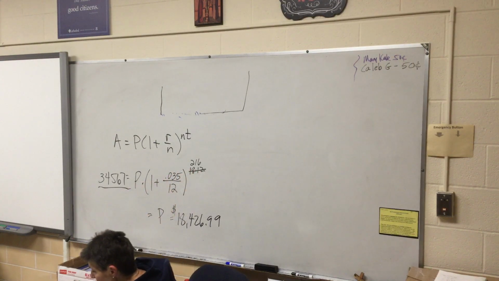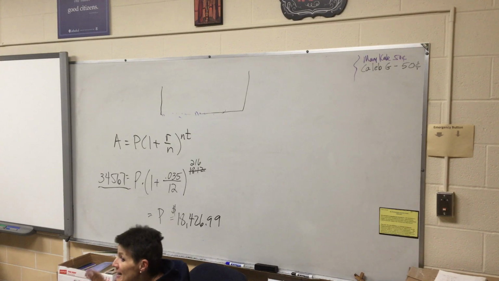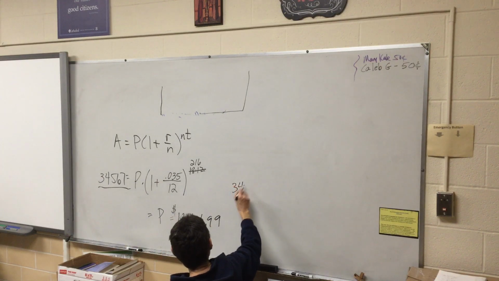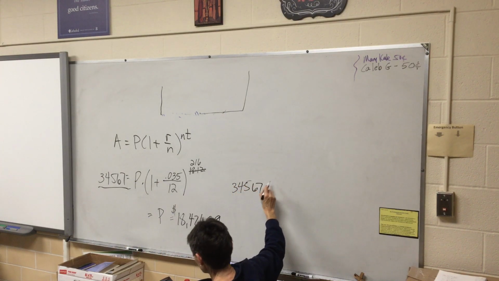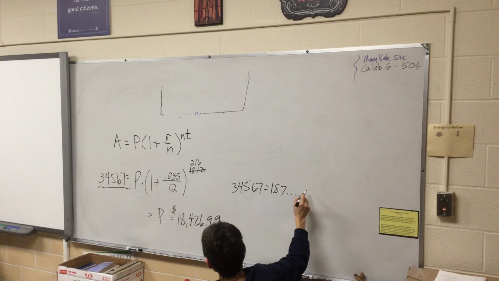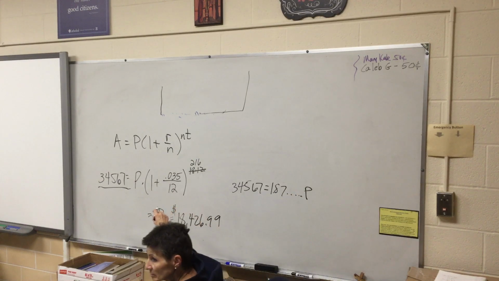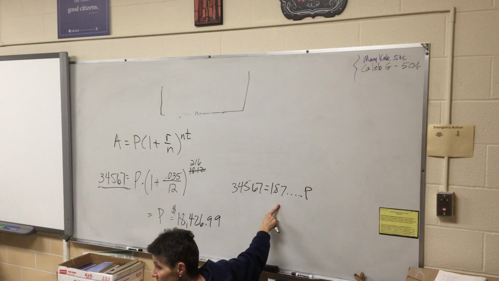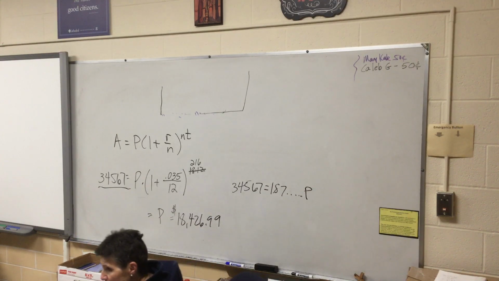So I got 1.87. Yep. Now basically what you've got is 3, 4, 5, 6, 7 equal to 1.87 P. So all I need to do is divide by that number. But Miss Ford does not like round off.